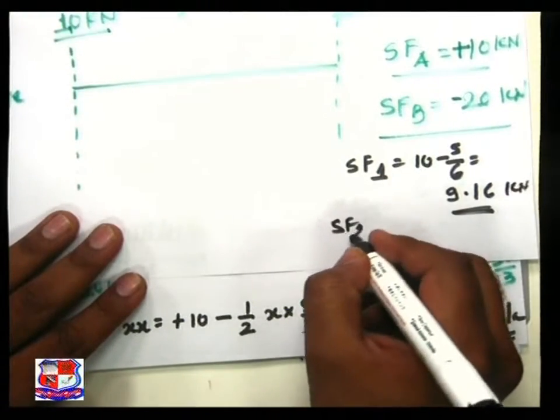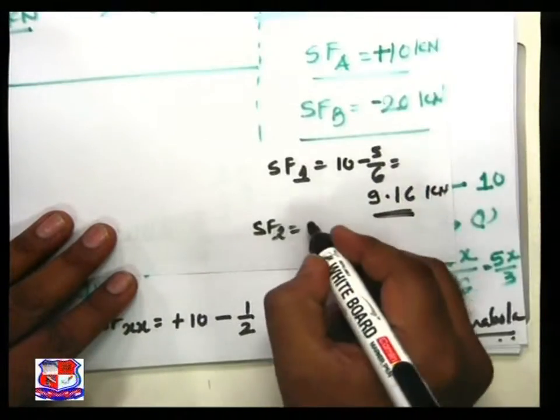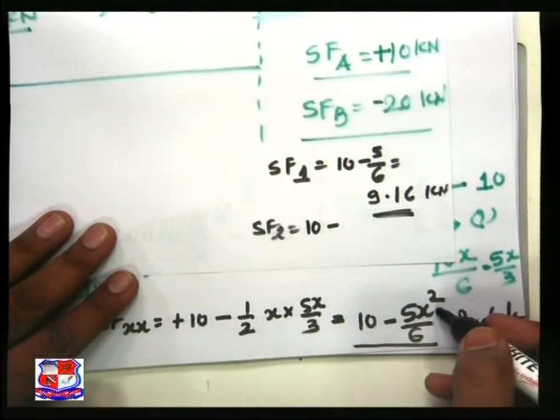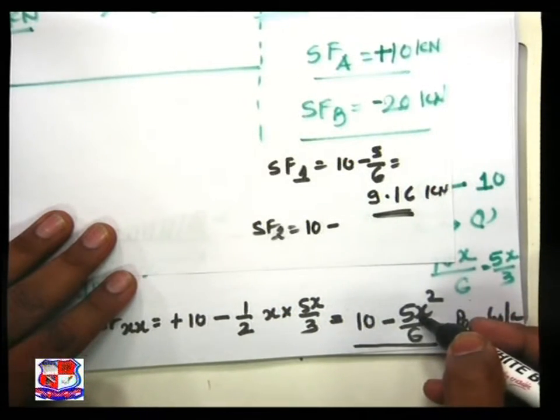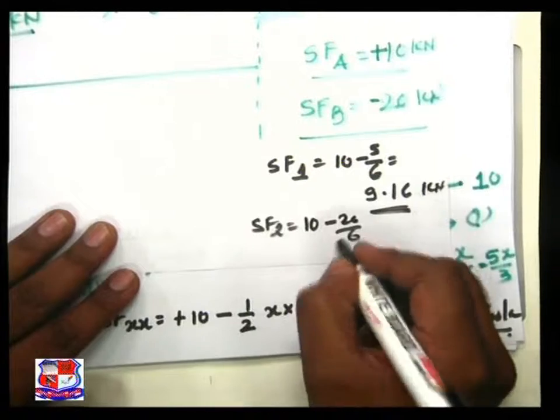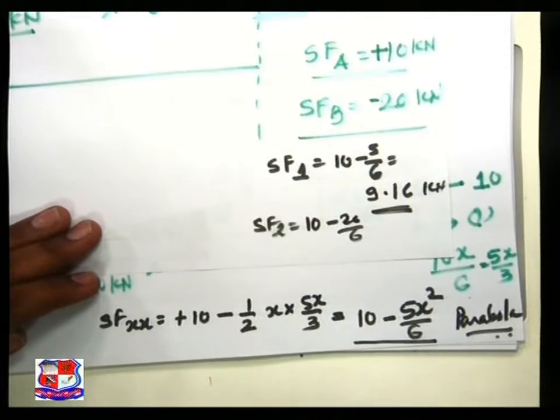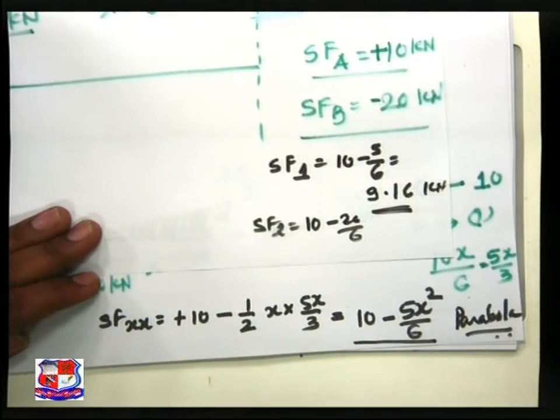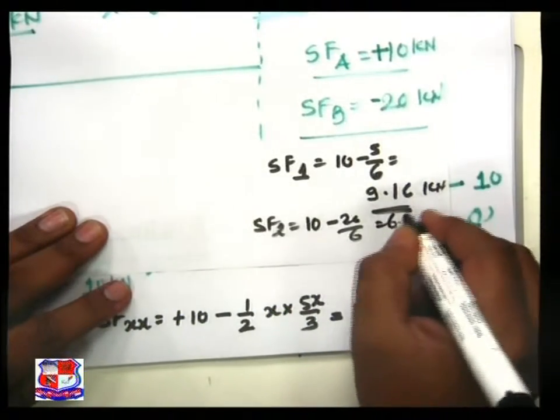SF at 2 meter: 10 minus 2 square 4, 4 into 5 20, 20 by 6. So we achieve 10 minus 20 by 6, which is 6.67.